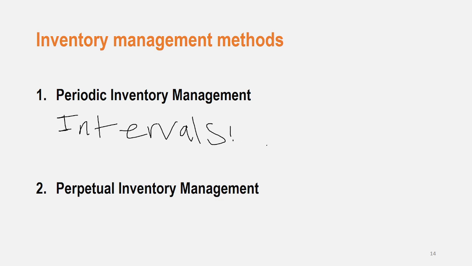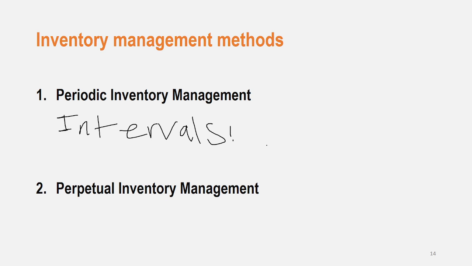In the perpetual inventory system, the next method, we track inventory levels continuously and keep up-to-date records in real time as goods are bought or sold. Recording transactions in perpetual inventory systems, such as purchases and sales, is done immediately, providing up-to-date information on inventory quantities and values.